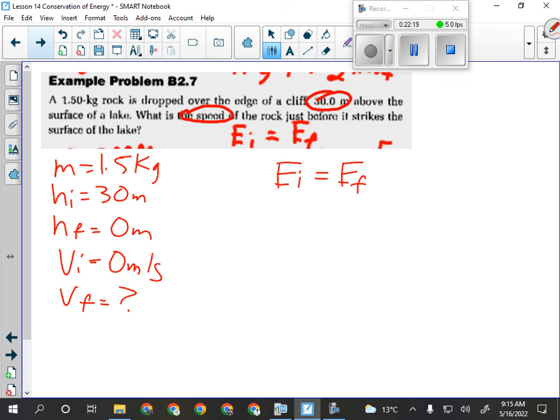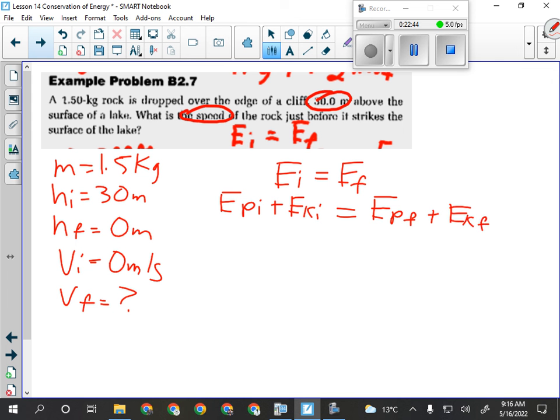That's how I calculate kinetic energy. I add them together. So I'm going to take my potential initial and add it to my kinetic initial. On the other side, I'm going to have the same thing, except the I's will be F's. Am I still saying the same thing?